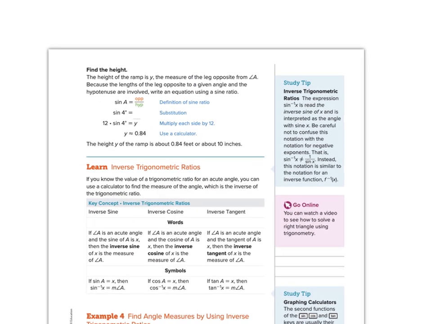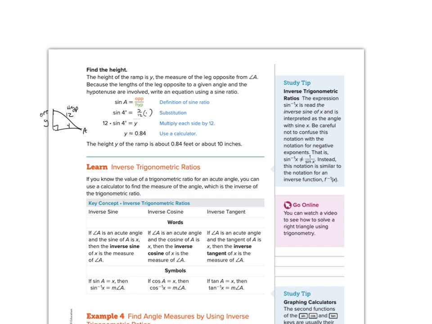Well, we said the height was, again, that was y, and we had 12, we had angle A, 4 degrees. So it would have been the sine, because this was the opposite over the hypotenuse. So there you go, we would take the sine of 4 degrees is going to be equal to the opposite, which was y over the hypotenuse.